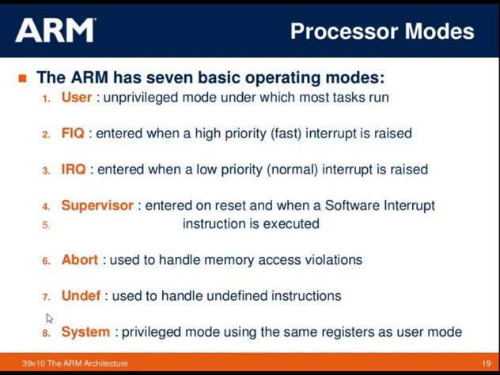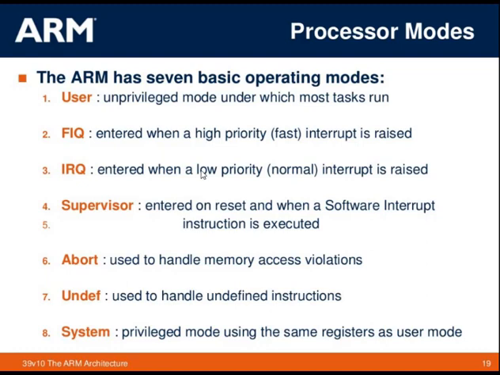Now we will see the modes of operation of ARM7. ARM7 has the following modes. User mode is the unprivileged mode under which most tasks run. FIQ, the long form of which is fast interrupt, is entered when a high priority interrupt is raised.